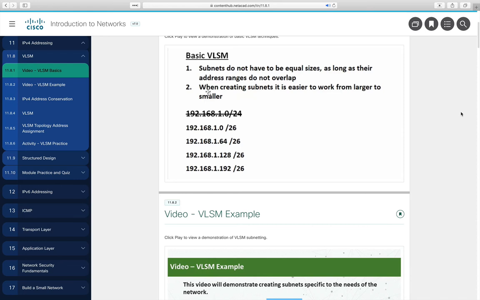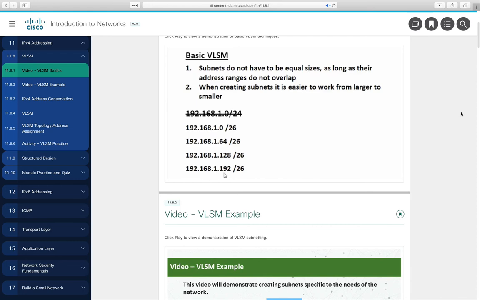With VLSM, or variable length subnet masks, I can decide that I want to change one of these subnets and further subdivide them into smaller subnets, as long as the address spaces that I create, or the subnets that I create, do not intrude into the other subnets. For instance, I could take this 192.168.1.192 subnet.